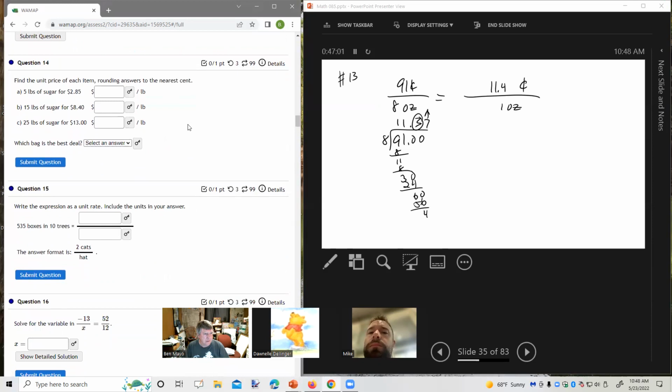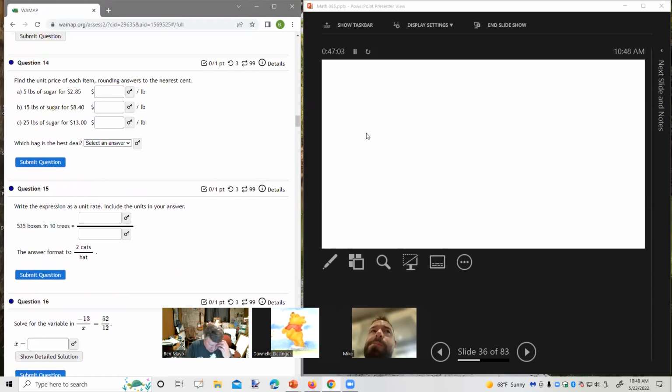All right, let's take a look at number 14. Find the unit price of each item, rounding answers to the nearest cent. Okay, so we want it in dollars per pound. We have 2.85 per 5 pounds. So that's going to be how much per 1 pound.